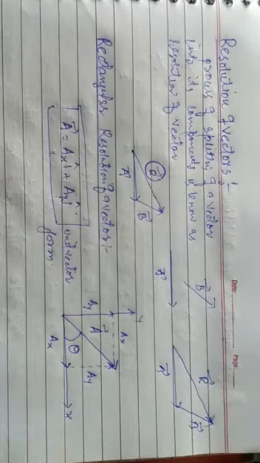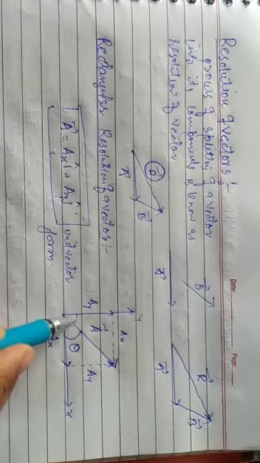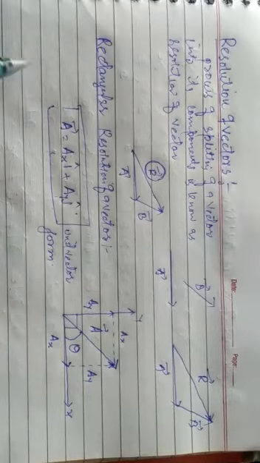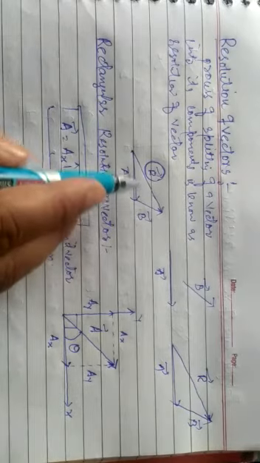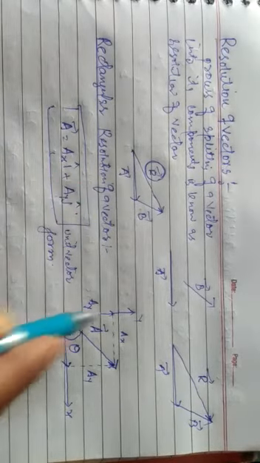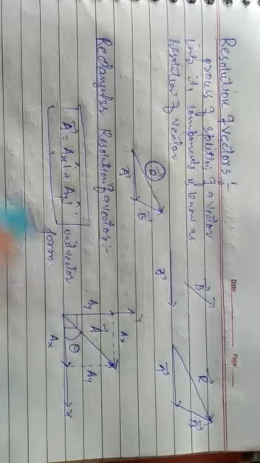Now we can also calculate the magnitude here. First of all, you have to understand rectangular resolution. This is the resolution of a vector into its components, as these are called components. Here a and b were the components of r. Here a_x and a_y are the components of vector a.